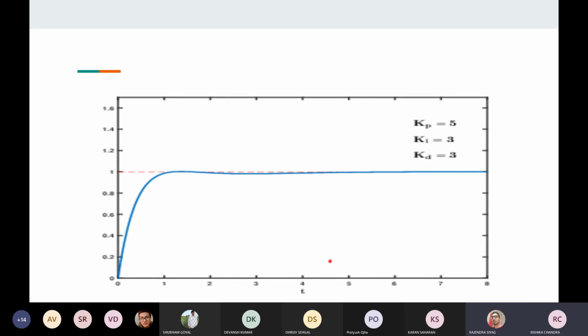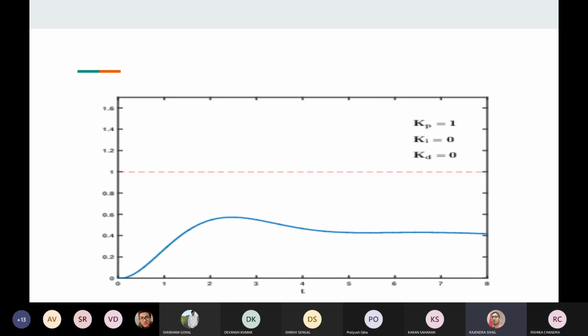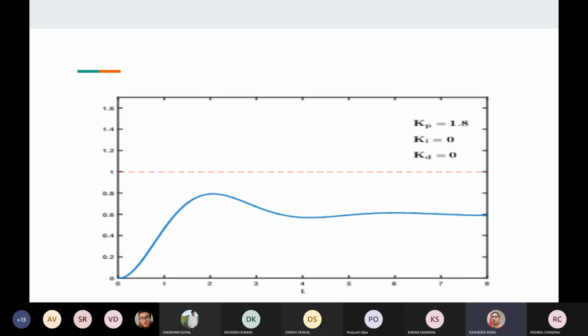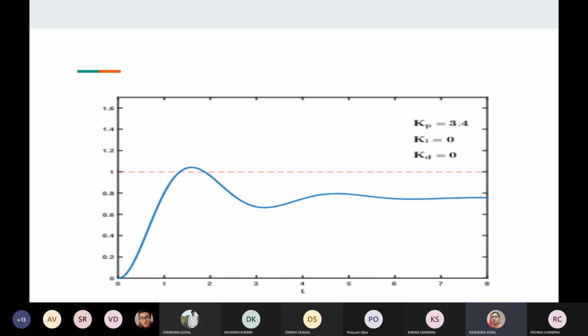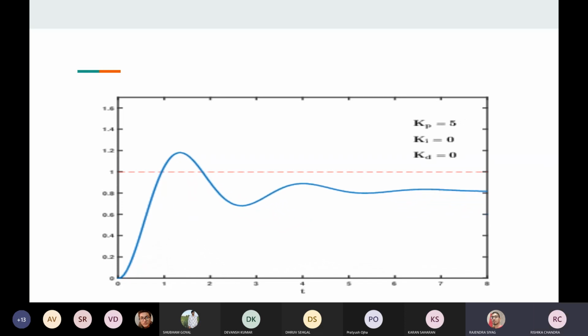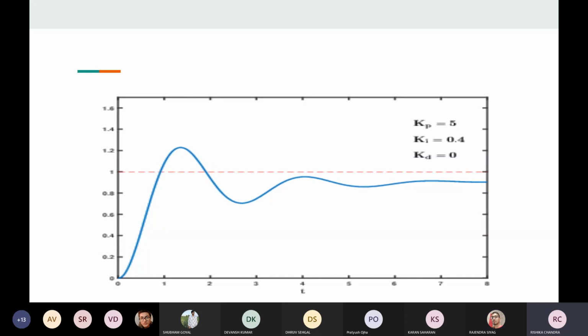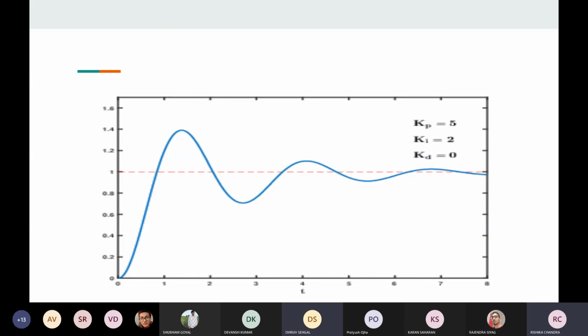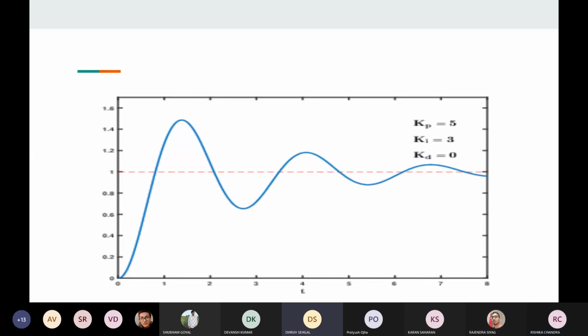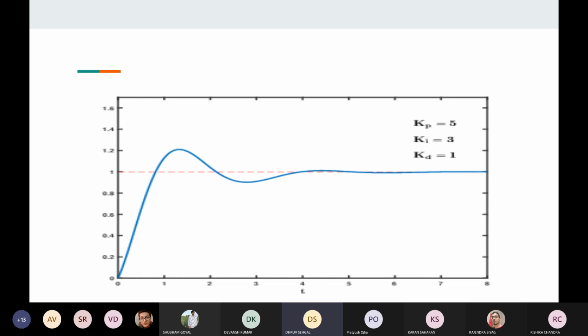If KI is doing that, it enables the input to become a wave. See, the integral control. No, basically these oscillations occur due to the KP variable, the proportional error.